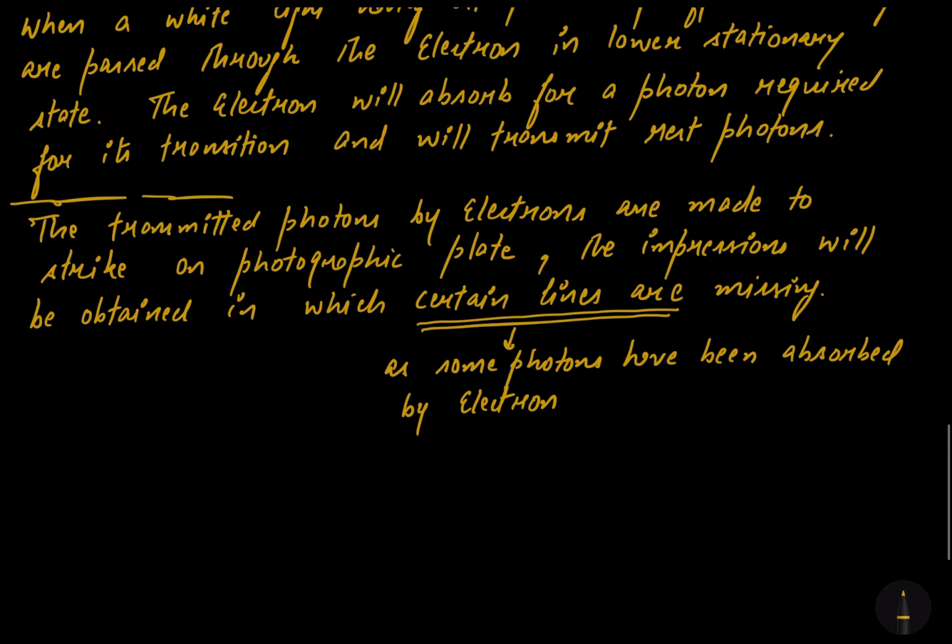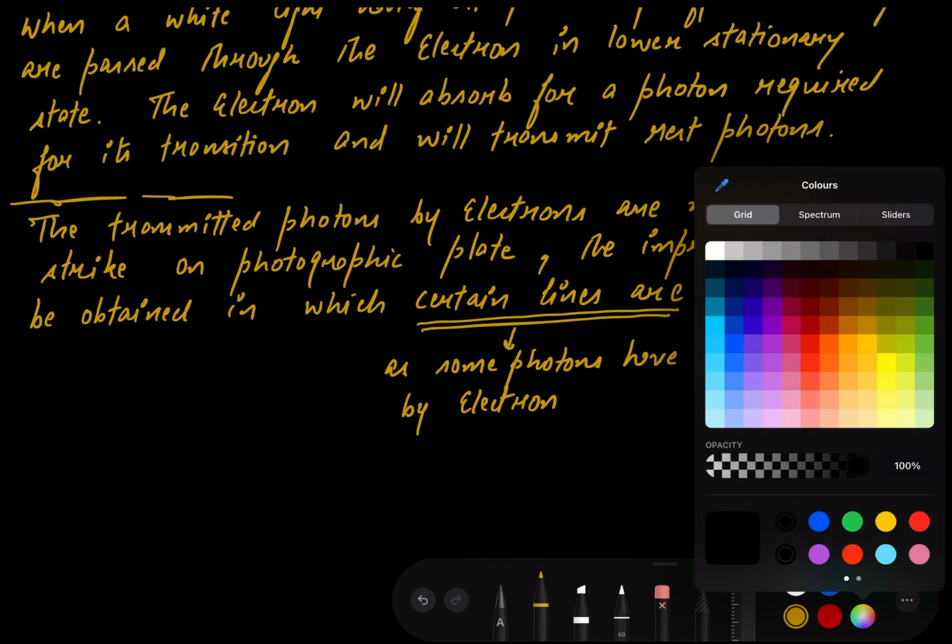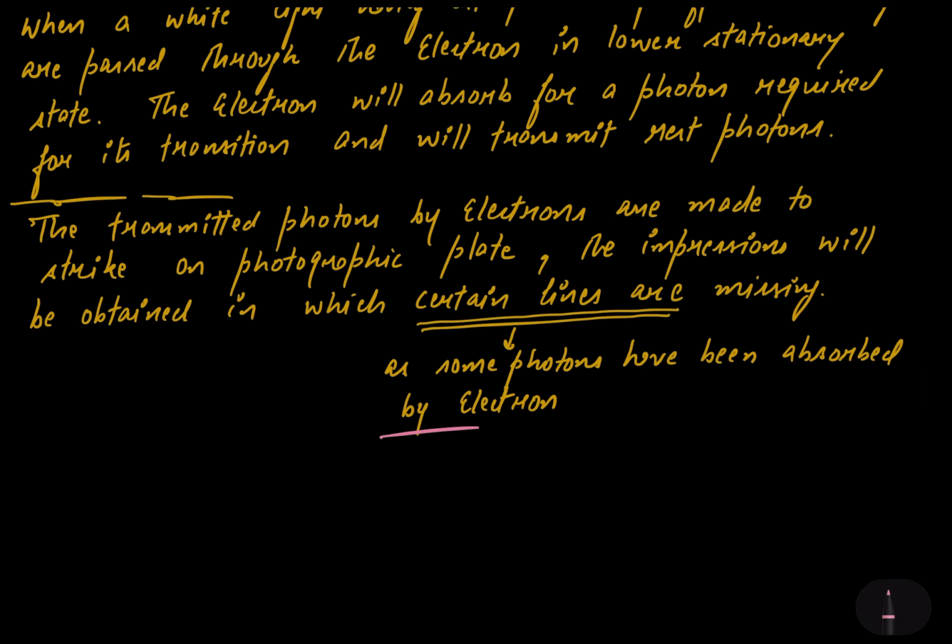So if certain lines are missing, the impression will be like this, the vice versa. The missing lines, or you can say the dark lines. The dark lines are obtained because the photons have been absorbed by the electron in the incident radiation.